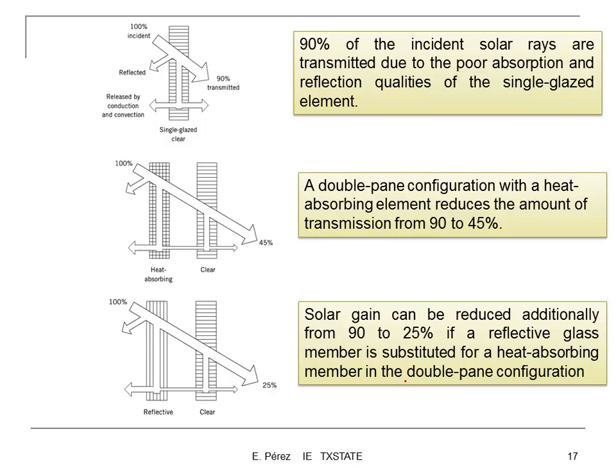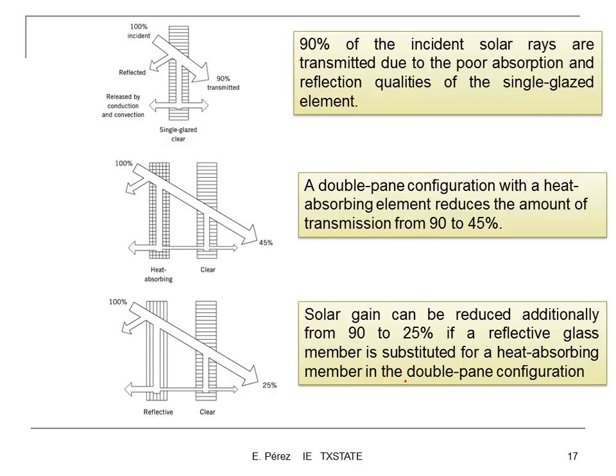But if instead of using a heat absorbing type of coat, you use a reflective type of roof, which obviously is going to be more expensive, the solar gain can be reduced additionally from 90 to 25%, so an additional 20%, by using a reflective glass member in the roof of your facility.